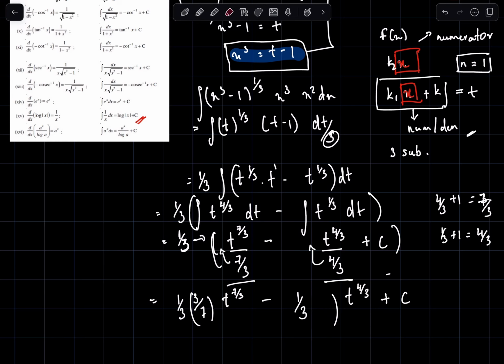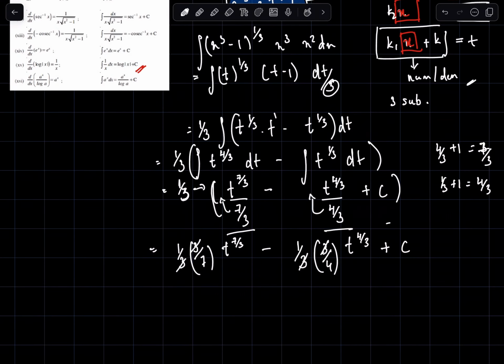The 3 gets cancelled, 3 gets cancelled. So what do you have? t raised to the power 7 by 3 divided by 7 minus t raised to the power 4 by 3 divided by 4 plus c.